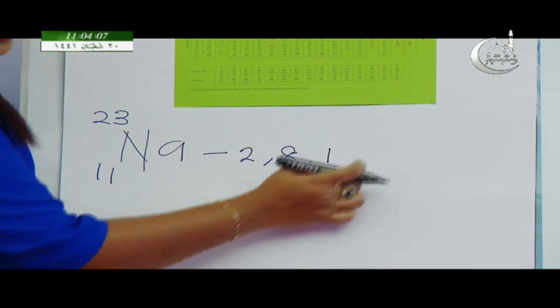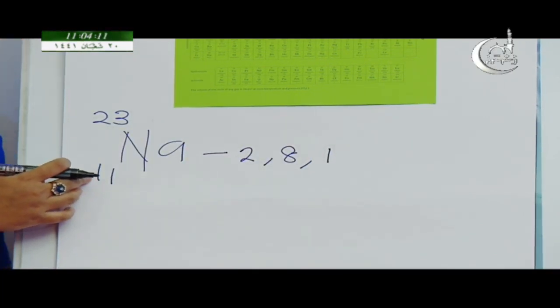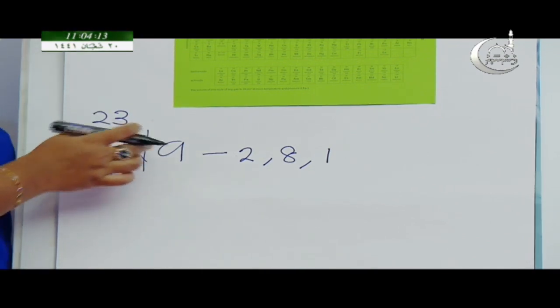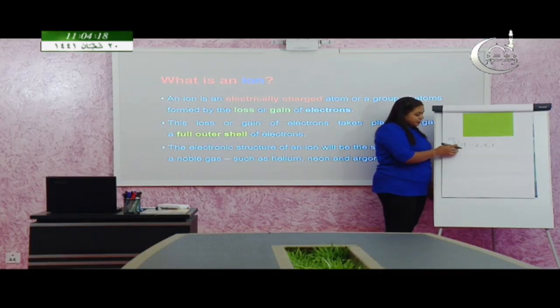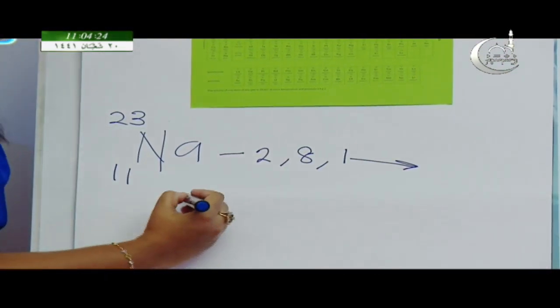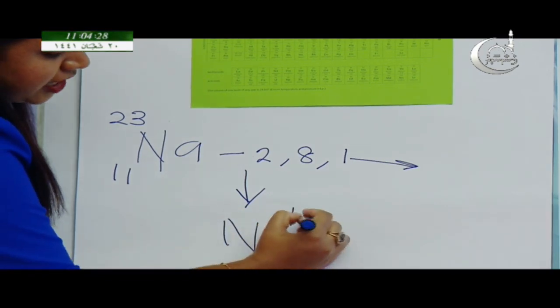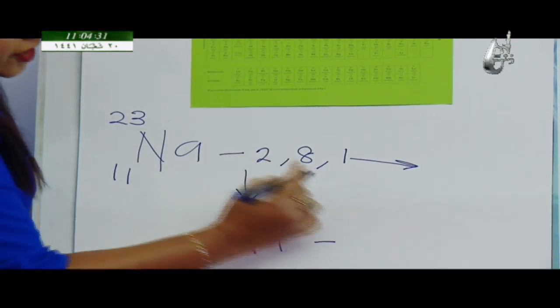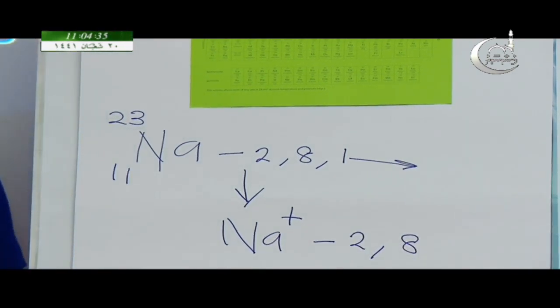So that gives the total number as 11 electrons. Now when this atom wants to obtain a full electronic configuration, it loses this electron. Then it becomes an ion with a positive charge, and now the electronic configuration will be 2, 8. I hope you are clear with it.